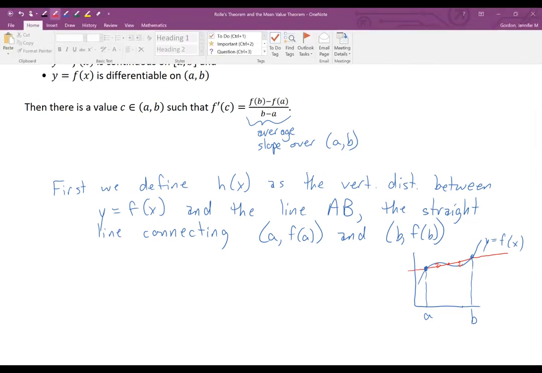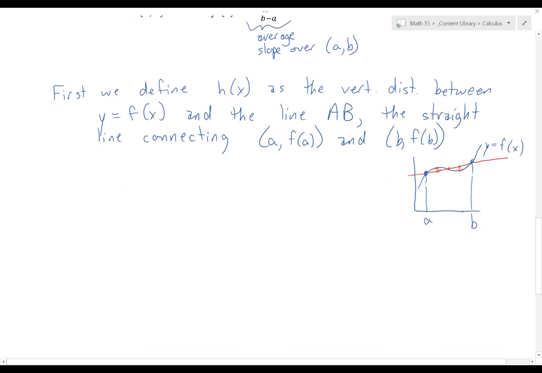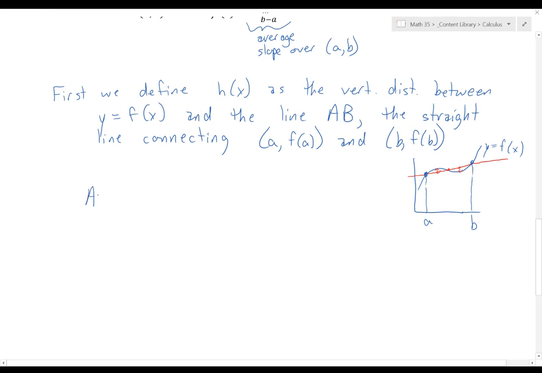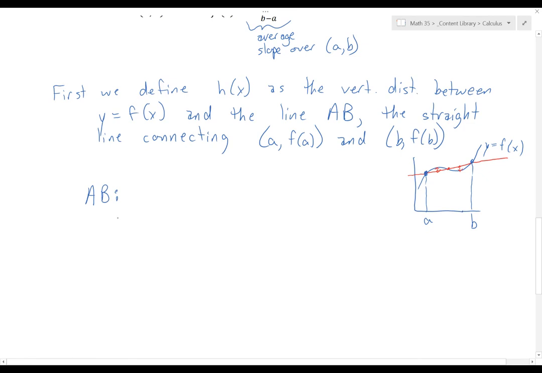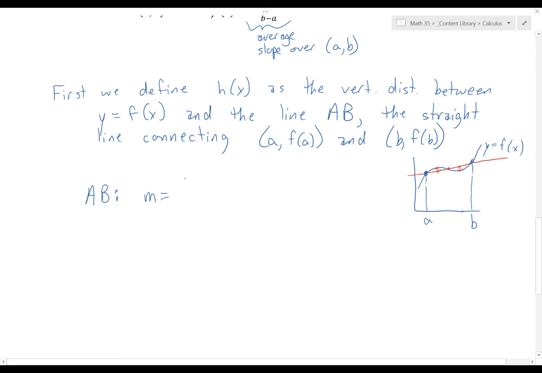So let's actually figure out how we can describe that function. So I've got the line AB. I'm going to come up with its equation. Well, the slope is going to be what was defined above.